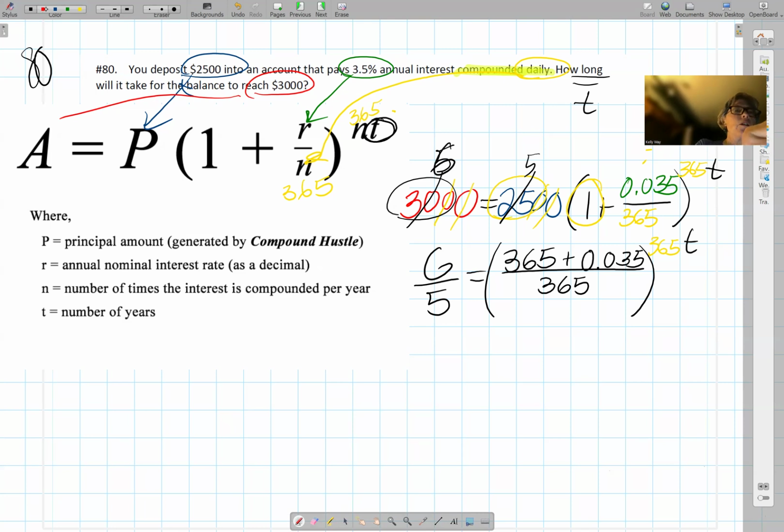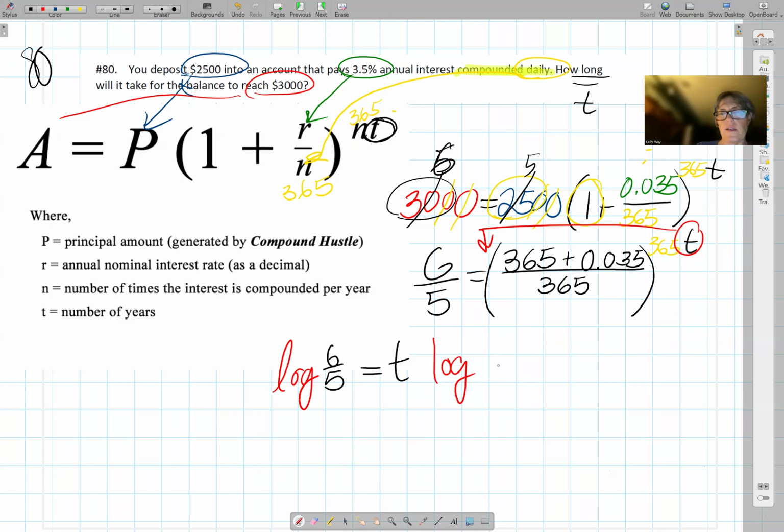Now, we need to get that T out of the exponent. We're going to do that by taking the log. So I have log of 6 over 5 equals T times log of, in parentheses, 1 plus 0.035 over 365, to the 365th power. That's the whole reason why we're doing the log.